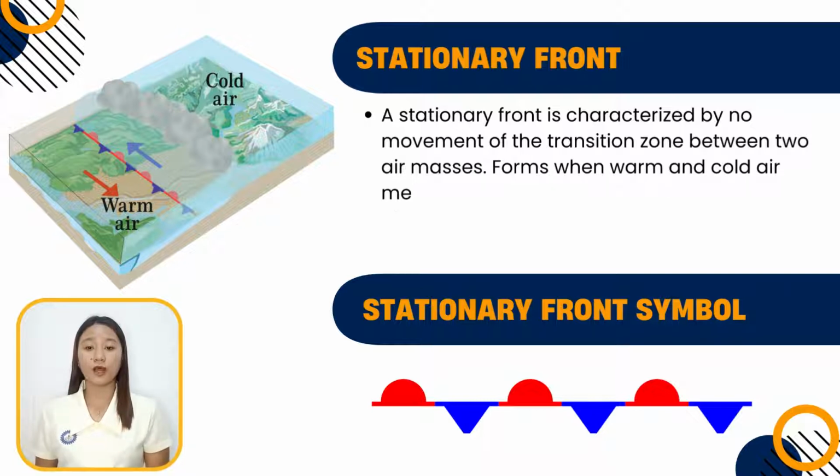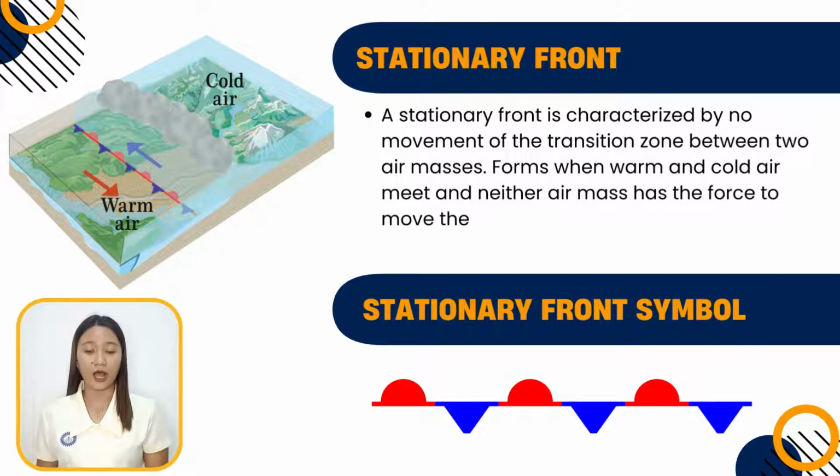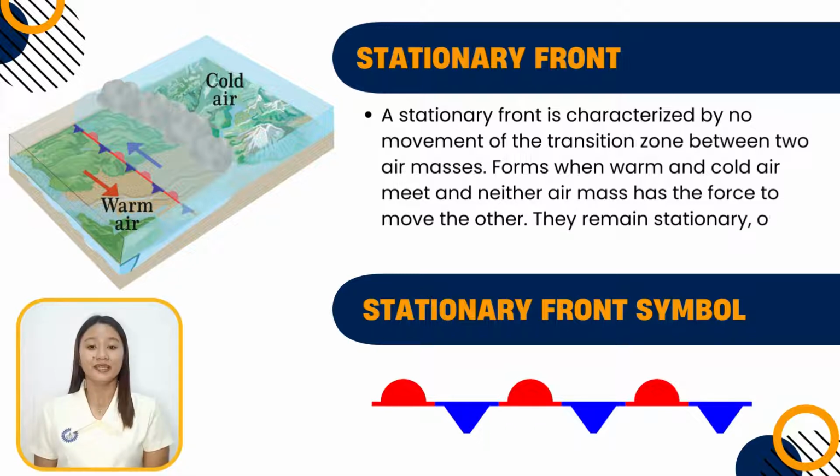It forms when warm and cold air meet and neither air mass has the force to move the other. They remain stationary or standing still. When a cold or warm front stops moving, it becomes a stationary front. This happens when two masses of air collide, but none is powerful enough to move the other.